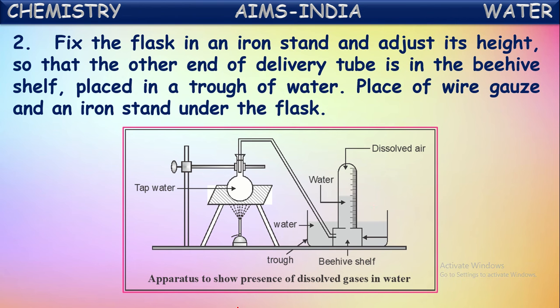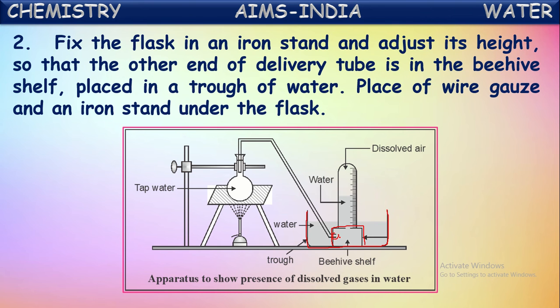See here, after filling this round bottom flask with the water and fixing this delivery tube, it is fixed to an iron stand, and its height is adjusted such that the other end of this delivery tube fits into a beehive shell. This is called a beehive shell, placed in a trough of water. There is a trough which is filled with water. So this beehive shell is completely immersed in water.